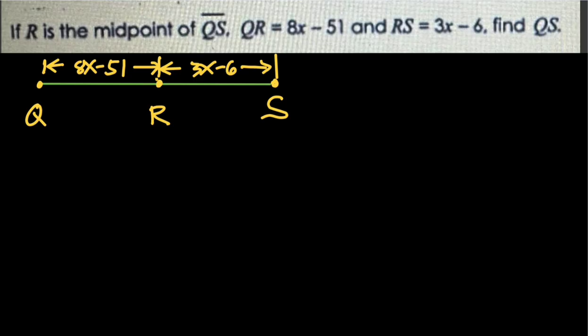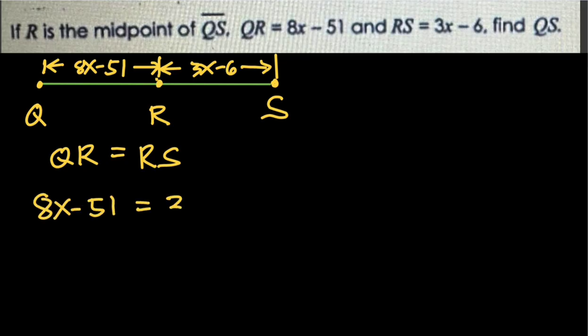It's given in the problem that R is the midpoint of segment QS, so that means QR is equal to RS. We can just equate the values of QR and RS. So that would be 8x minus 51 equals 3x minus 6. Then we solve for the value of x.